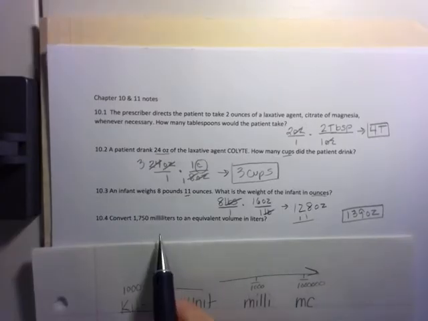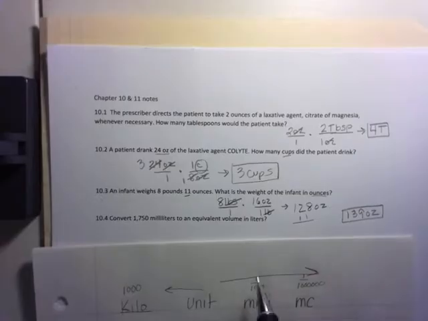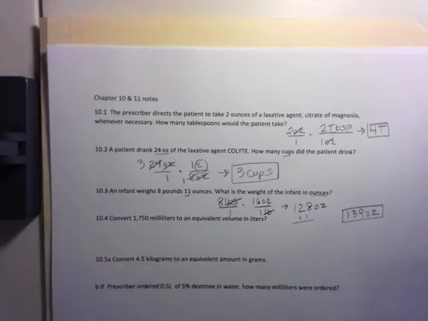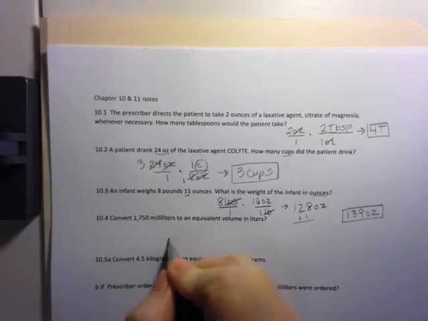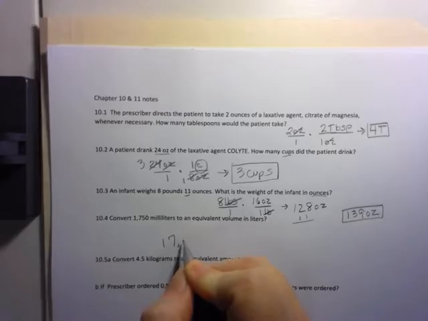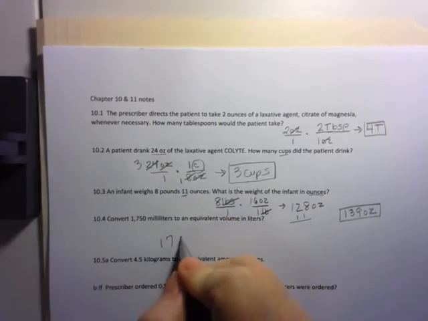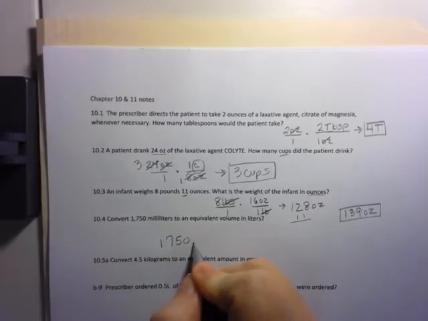So here we're going from milliliters to liters, so we're going this way. We're going to move our decimal place that way 3 places. So right now I have 750. My decimal's out here.